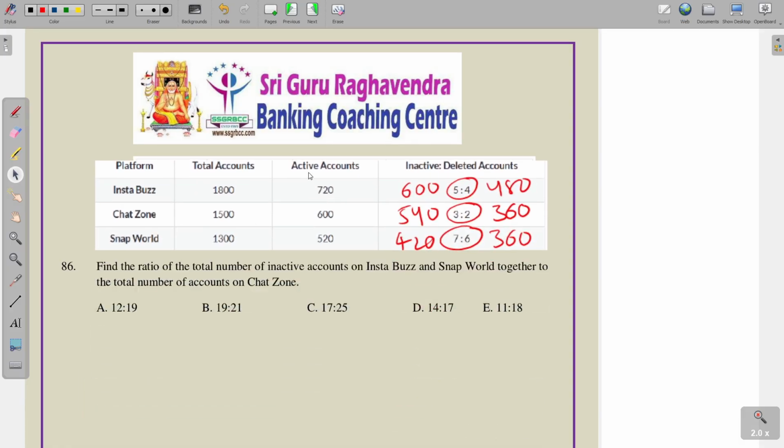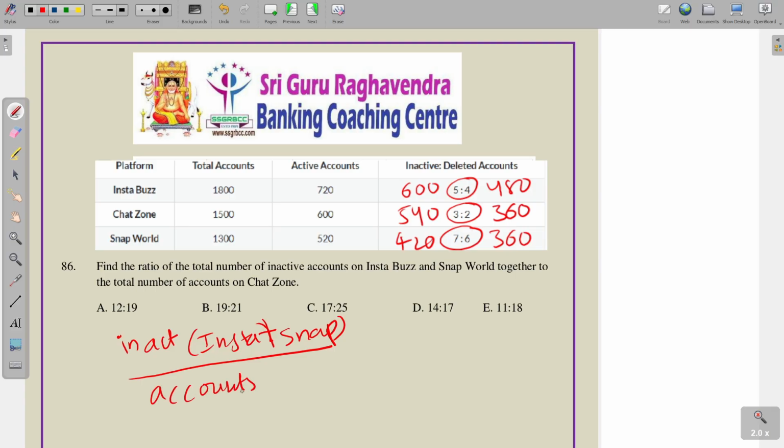Next question is find the ratio of total number of inactive accounts on Insta, Buzz and Snap all together to total number of accounts on Chart Zone.